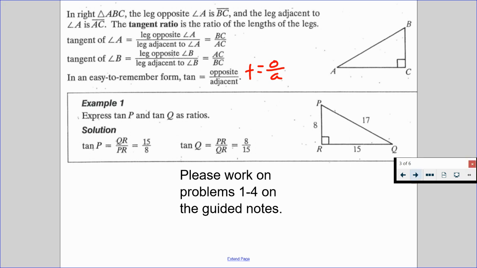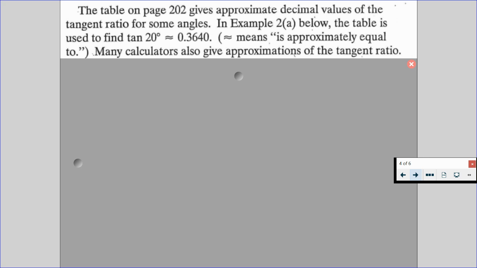So the table on page 202 gives approximate decimal values of the tangent ratio for some angles. In example 2a below, the table is used to find tangent of 20 degrees is approximately 0.3640. That sign means approximately equal to. So it's an equal sign that has some squiggles to it, which means approximately equal to.